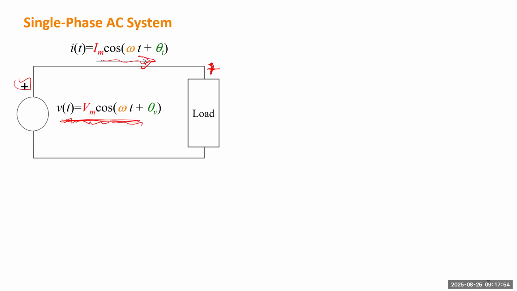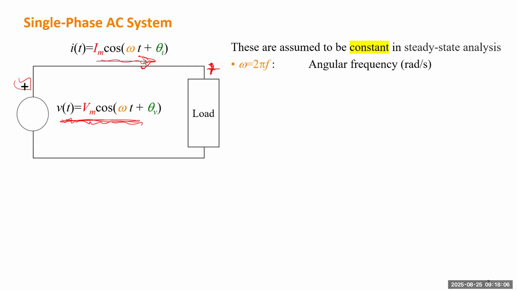Since this course focuses on steady state analysis, in steady state analysis we treat all those parameters or variables as constant. First, the frequency will be constant. Here we use omega, which is 2 pi times f, where f is the frequency. In the US, that is 60 hertz.